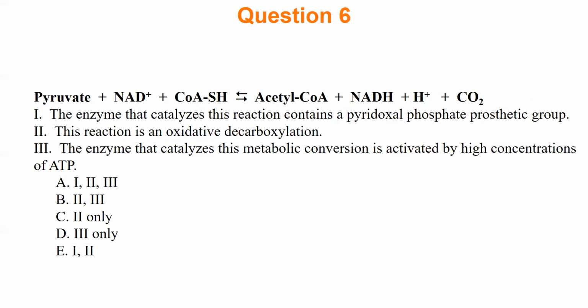And then question 6. So pyruvate plus NAD plus coenzyme A goes to acetyl-CoA plus NADH plus H plus carbon dioxide. I have 3 options, and I know everybody loves questions like this. Tell me, of these 3 options, what do you think is the correct answer? So take a minute, think about those, look at those options, go back to our mechanism, relook at the mechanism, and see which one you agree with.